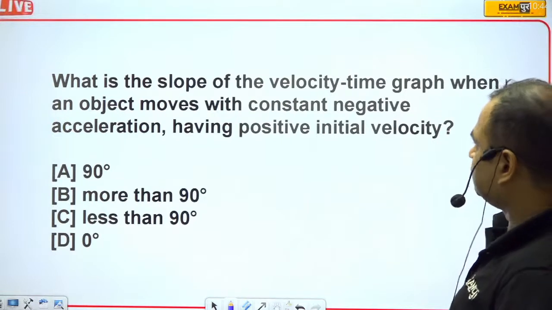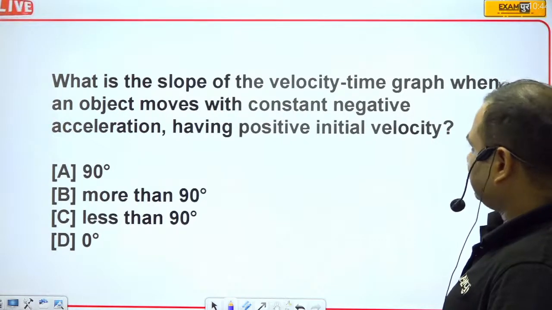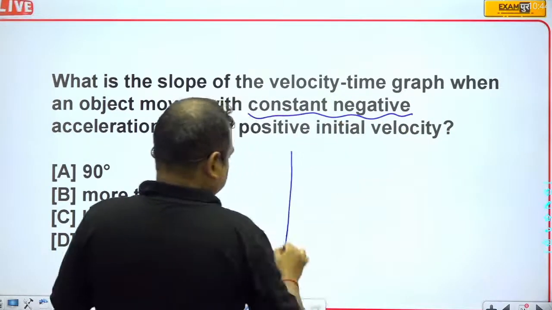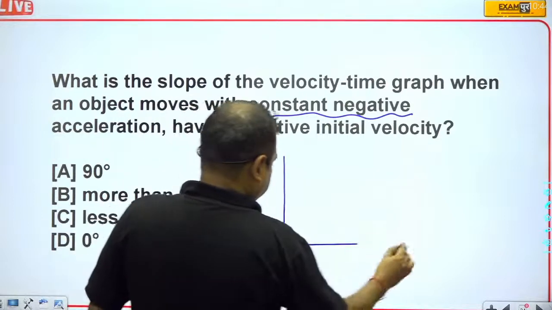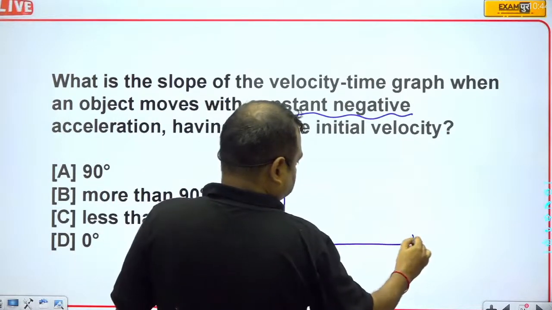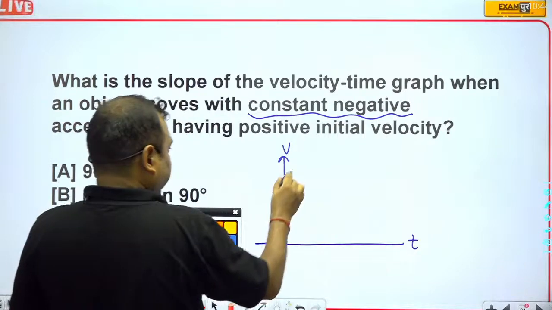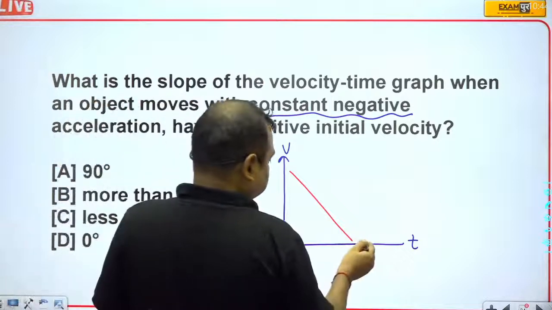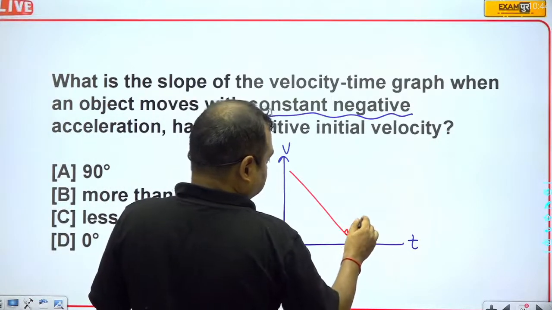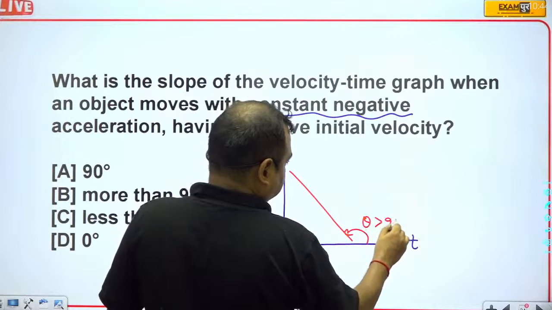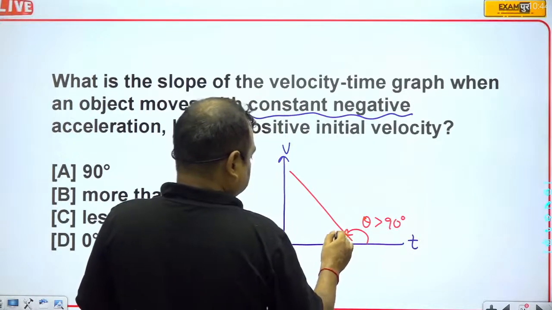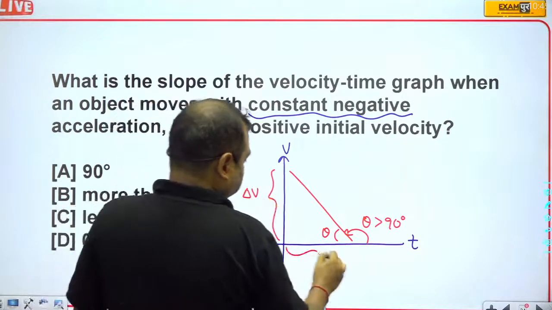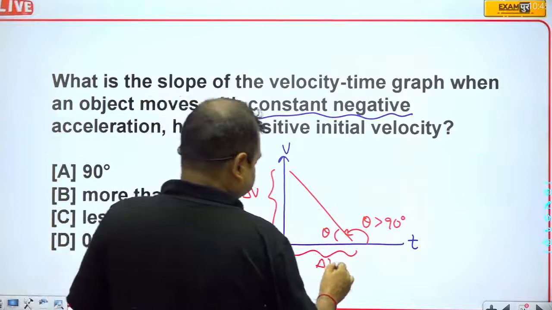What is the slope of the velocity time graph when an object moves with constant negative acceleration? When we draw a velocity time graph, the graph will look like this. This has negative acceleration, and this angle theta will be greater than 90 degrees.